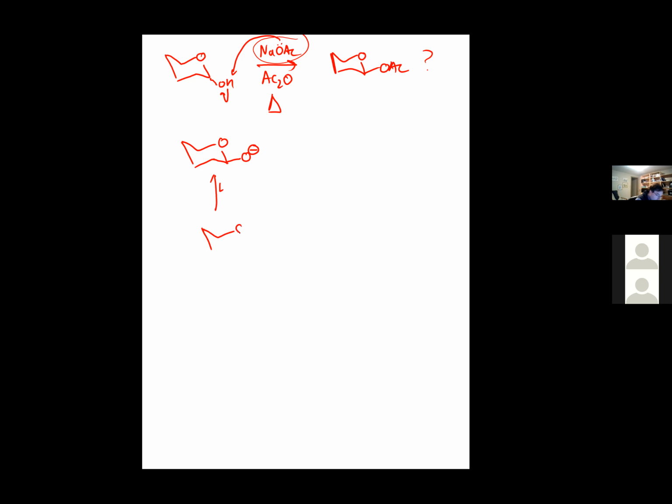Now, the anomeric effect is really not operable, because this guy does not want to accept more electrons. It is already O minus.